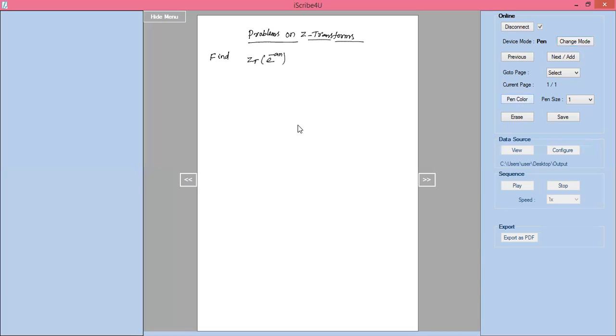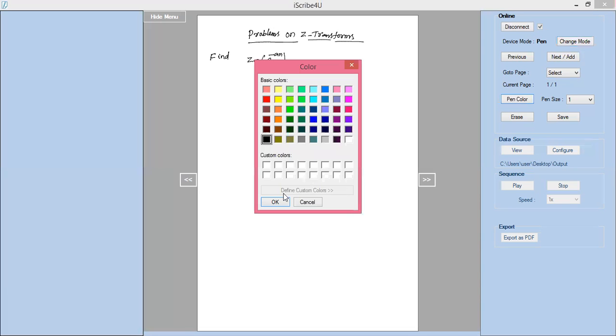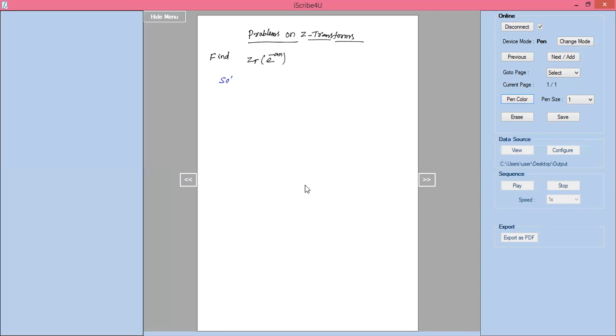Solution for this: Z transform of e^(-an) they have given. I'll write the Z transform of (e^(-a))^n. Now I'll write k = e^(-a).